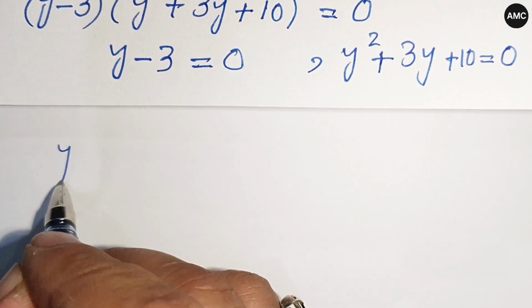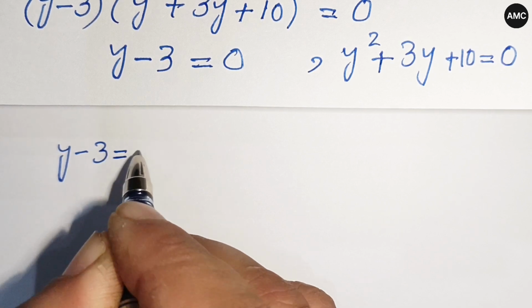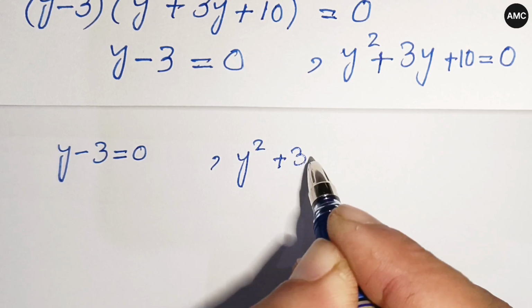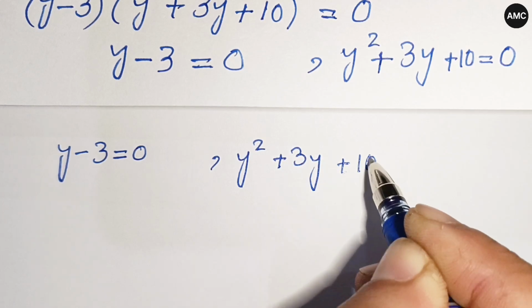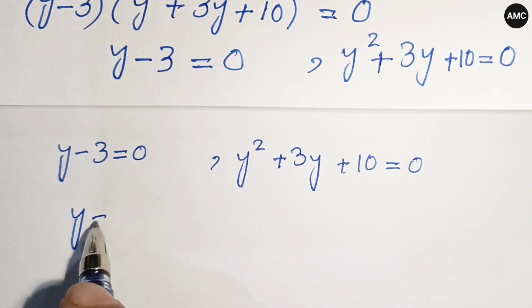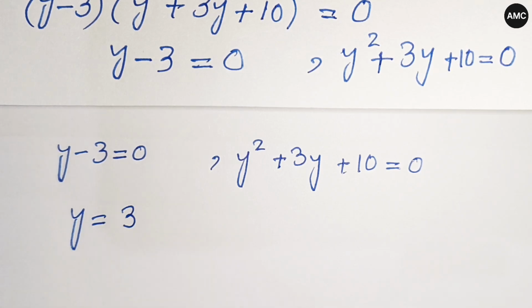Here we have y minus 3 is equal to 0 and y squared plus 3 times y plus 10 is equal to 0. Now y is equal to minus 3 will be plus 3.